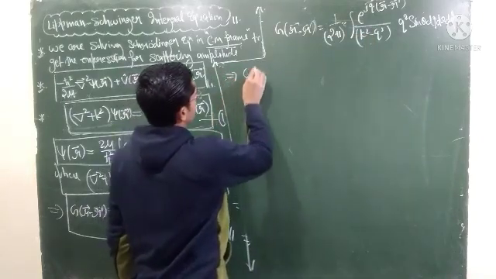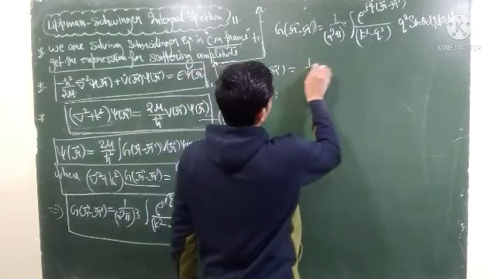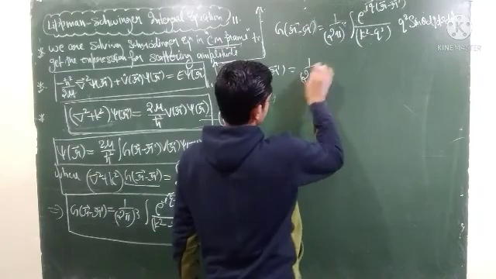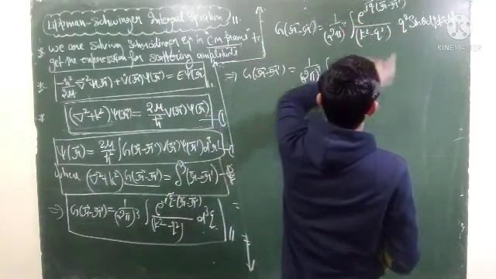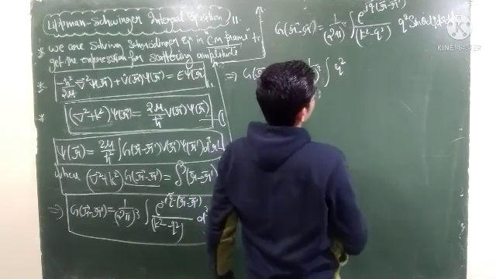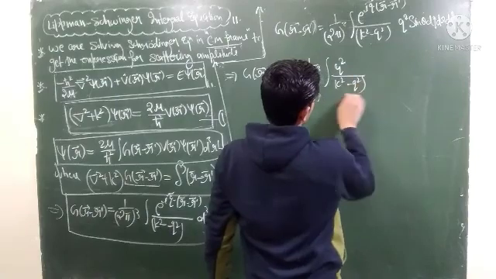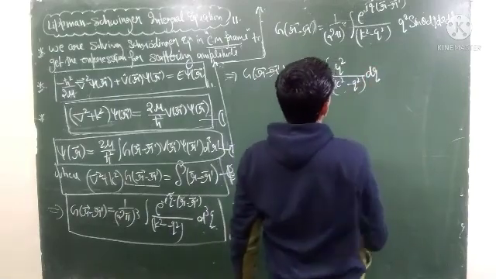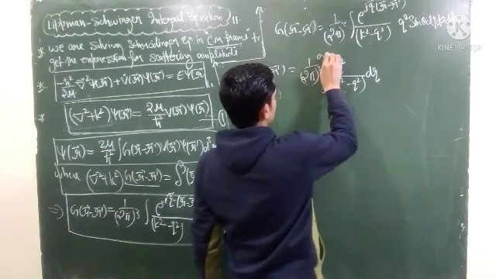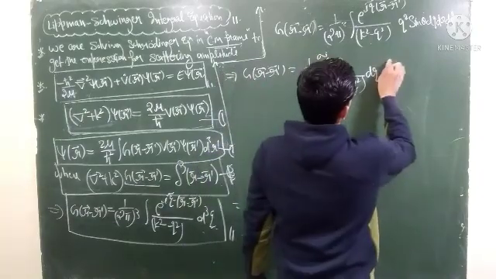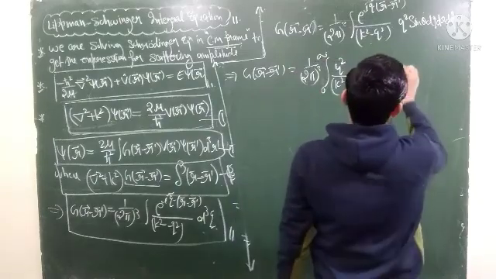So you can write it like G(r − r') equal to 1 over (2π)³ into the q part, which will be q² over k² − q² dq, right? And the integration over dq is within the limits 0 to infinity, right? Into the integration over e to the power i.